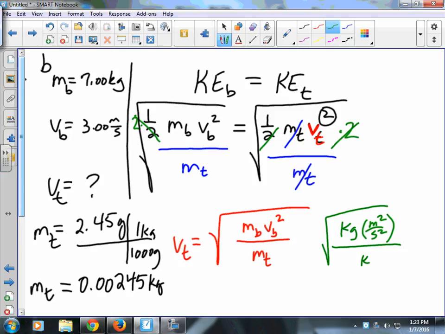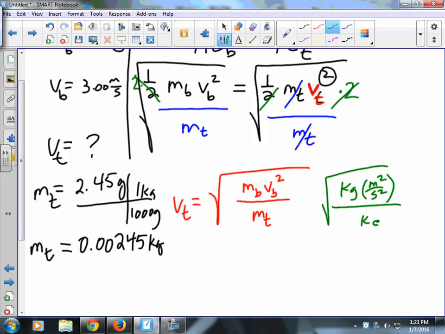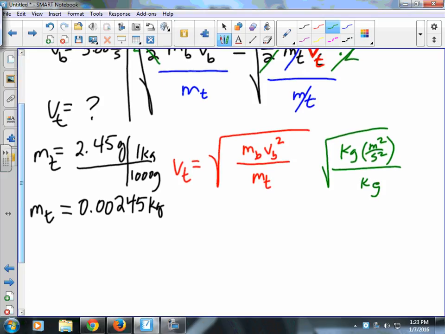The kilograms cancel. So you end up with square root of meters squared over seconds squared. So what's that gonna be? Meters per second. And that's velocity, so we're good. Our equation is good. So let's plug it in.